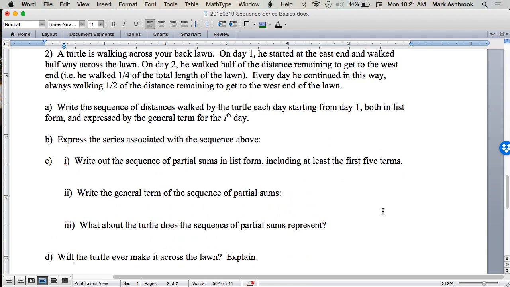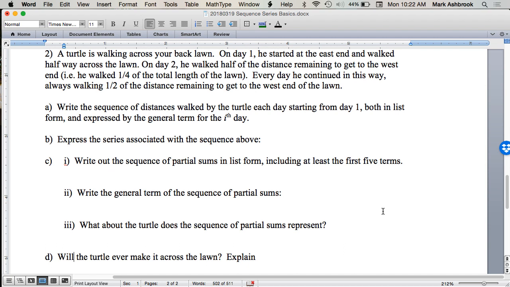So a turtle is walking across your back lawn. Everyone has the turtle walking across their back lawn, right? And then on day 1, he starts at the east end, and he walks halfway. Okay, on day 2, he walks half of the distance remaining. So in other words, he walks an additional quarter of the way, right? So he walks half of what's remaining. And then on day 3, he's going to walk half of what's remaining, or an eighth of the total width. And he's going to continue that way, always walking one half of the distance remaining to get to the west end.